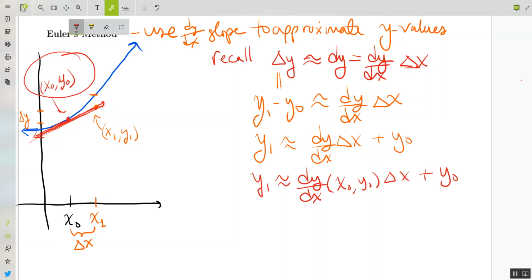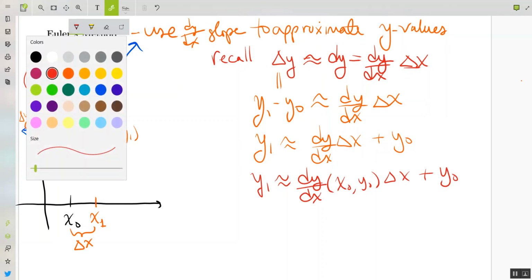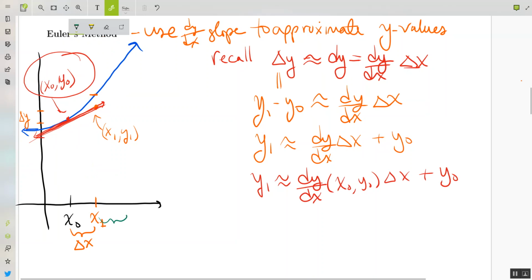Then if I want to find my next step up, I'm going to use a different color so it's really clear where this is coming from. I go up one more delta x to x2. How am I going to find the value at x2? Well, I'm going to put in the slope at x1, y1, which looks like I'm following the blue line here, so I want to be about like this. Walk my x up, and that's the y value I should get. So this will be x2, y2.